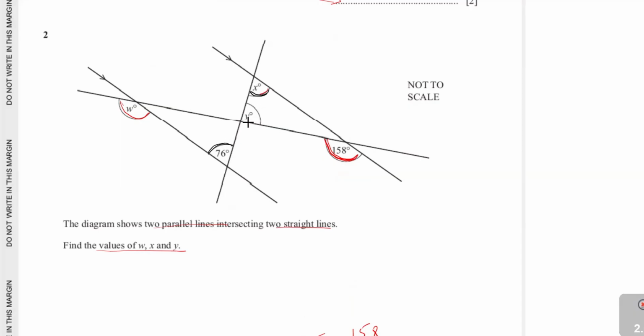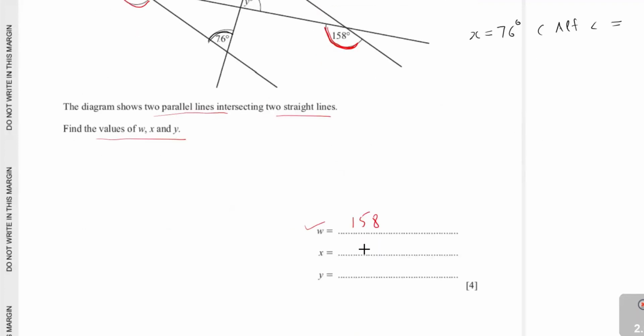The angle x and 76 degrees are alternate angles, and alternate angles are always equal. We can write x equal to 76 degrees because alternate angles are always equal in parallel lines. Therefore, we write here x is 76 degrees.